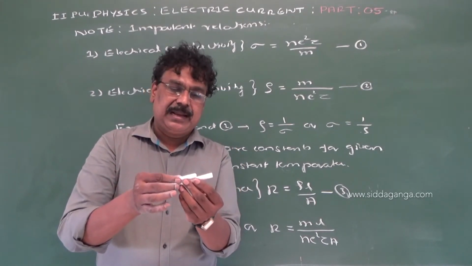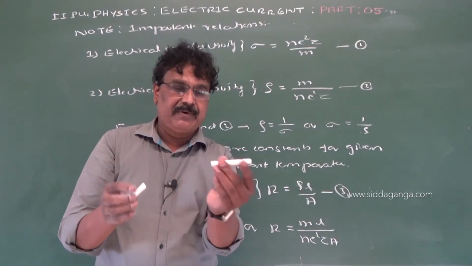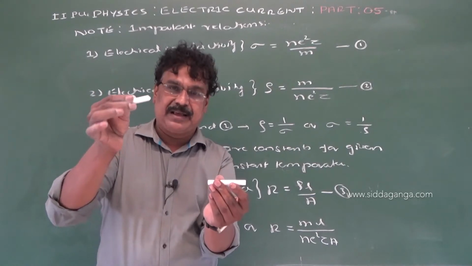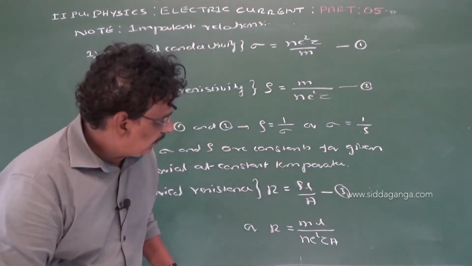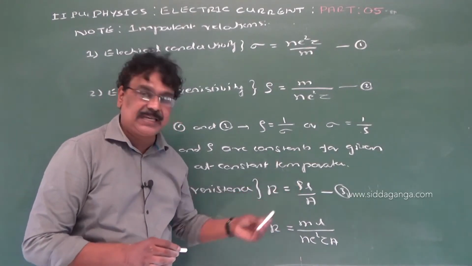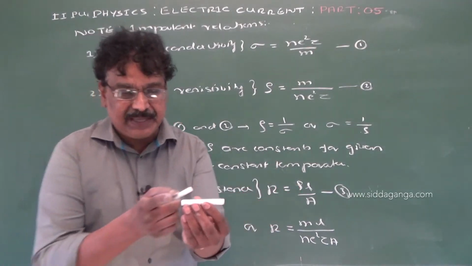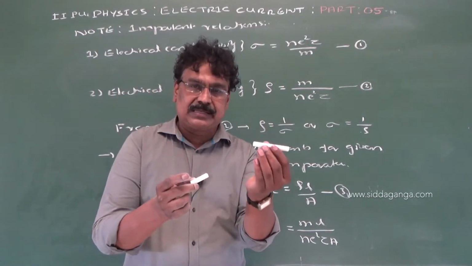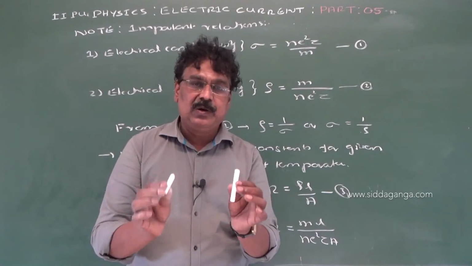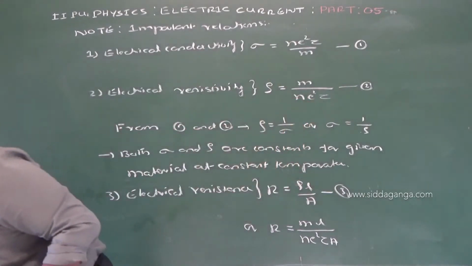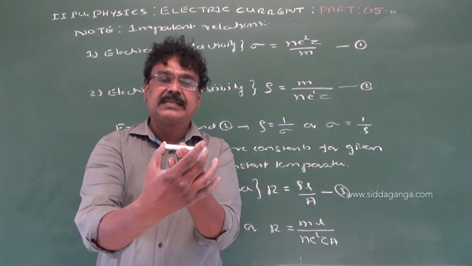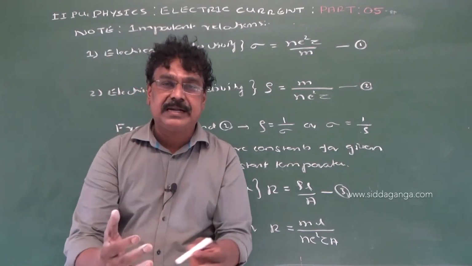You see, the length of this one is more than the length of this one. As resistance is directly proportional to L from this equation, obviously this one has more resistance and this one has less resistance. So if I take this one, it is a given conductor, then the resistance remains constant at constant temperature.